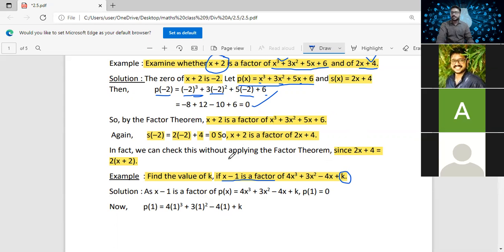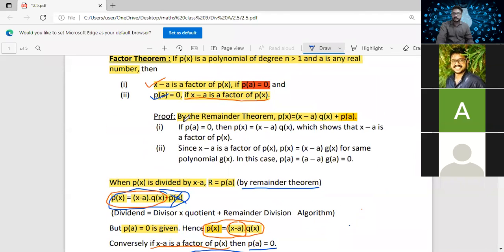We are given the information that x minus 1 is a factor of p of x. We are naming this polynomial as p of x. Using the factor theorem, what can we say? The factor theorem states that if x minus a is a factor of p of x, then p of a is equal to 0.